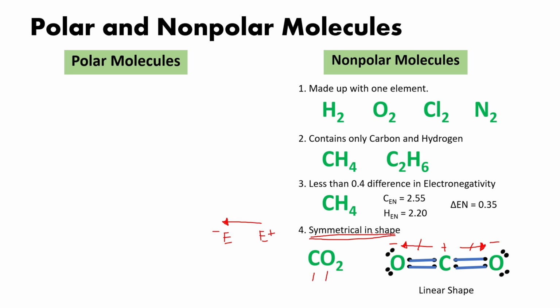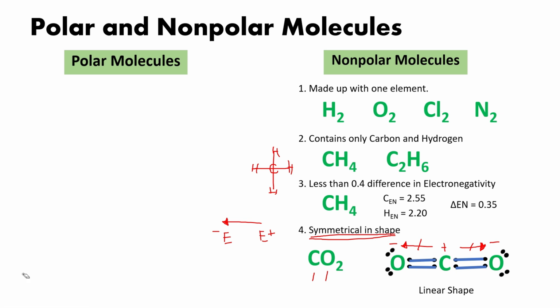So although they don't have the same elements in one compound, if they are less than 0.4 in the difference of their electronegativity, and if they create a symmetrical shape, not just linear, it could be a cross shape like C with H, H, H, H. If they create a symmetrical shape, then that is already nonpolar, because they're canceling out the electronegativity. Okay, I hope that's clear.